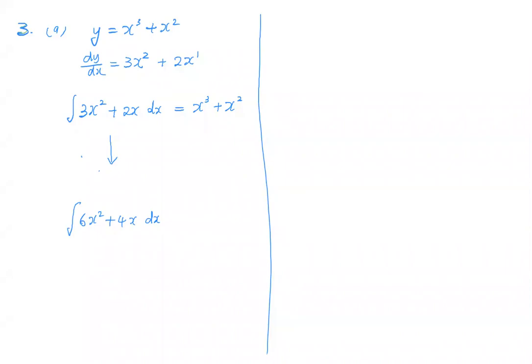So I multiply left-hand side by 2. I also must multiply right-hand side by 2. So therefore, this answer will be 2x cubed plus x squared plus c. Do you get me?